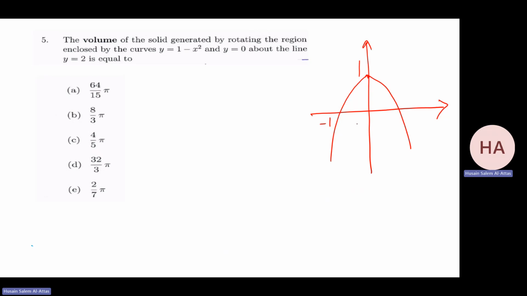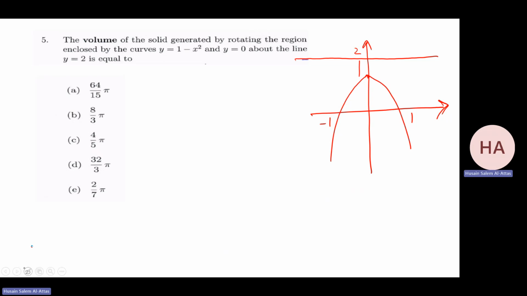This is 1, this is minus 1, this is 1. y equals 0, which is the x-axis. So this is the region we're talking about. And I want it rotated about the line y equals 2. This is y equals 2.